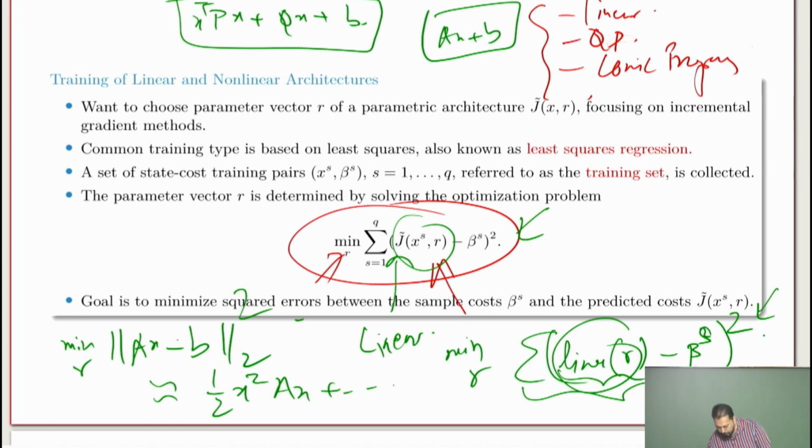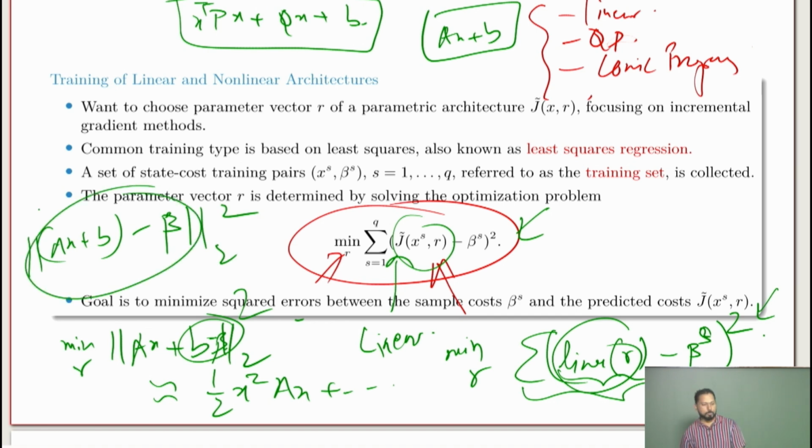I think I should have done ax plus b, and then minus beta, I should have taken some beta, but b minus beta will be some c. Okay, so it doesn't matter, these are all constants. So overall it could be like ax plus b minus beta, let's say. Okay, so overall this is the quadratic term, where p will be your a, and then you can collect these px terms and so on.